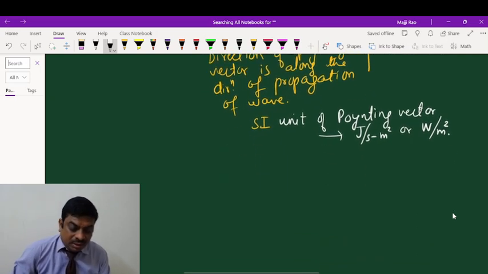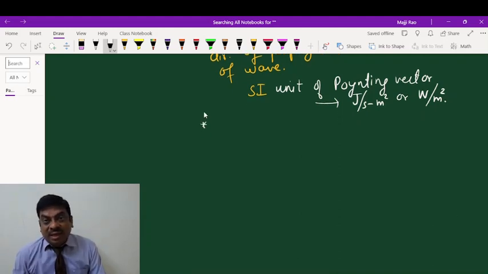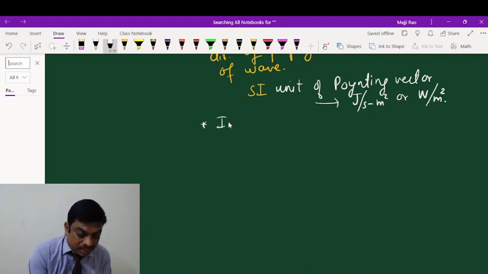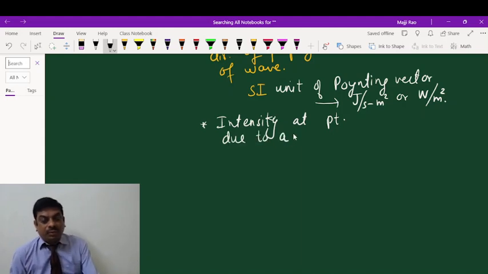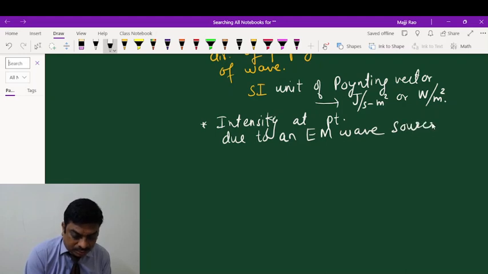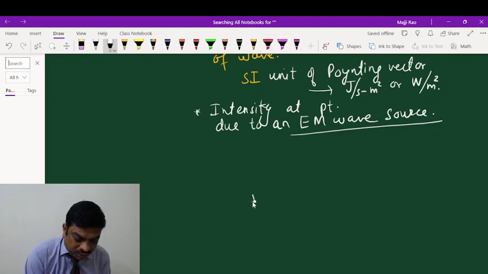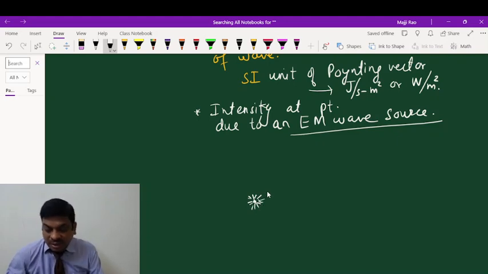Okay, students. Next, finally, we'll see the formula for intensity at a point due to an EM wave source, like a bulb. Suppose you have a source here. It can be a bulb, it can be a heater, anything which emits electromagnetic waves.